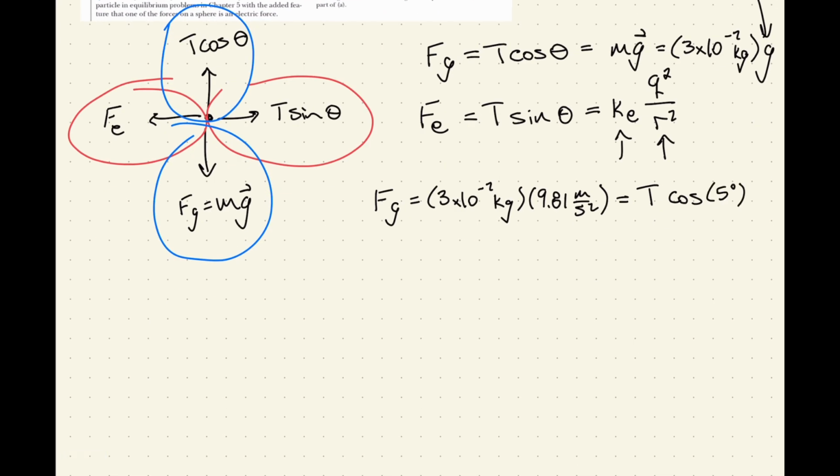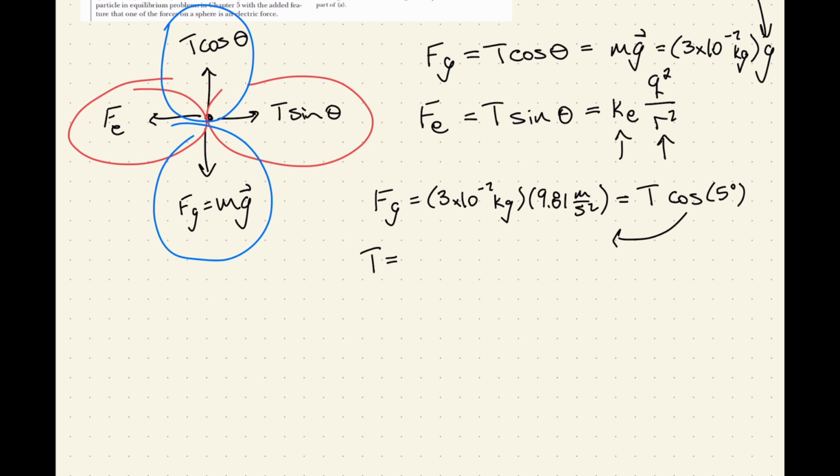So I'm going to just literally put that in there. Now let's solve for T, because we're looking for T. So T is equal to, just divide by this cosine, put it on that side. And let's actually calculate this thing here. So I'm going to plug into my calculator 3 times 10 to the negative 2 times 9.81.